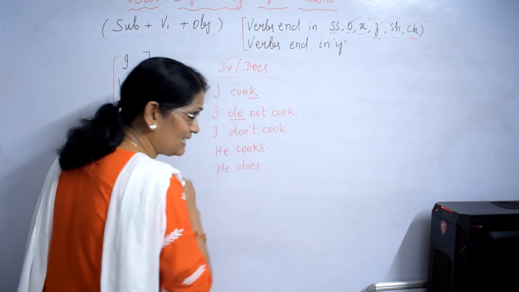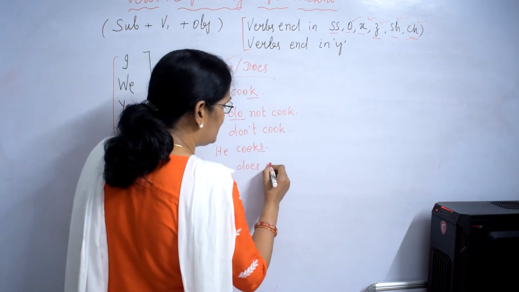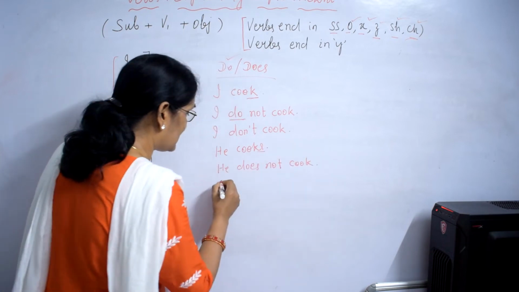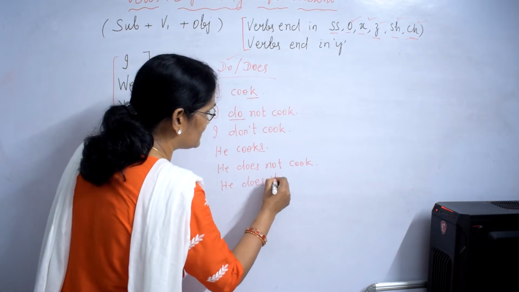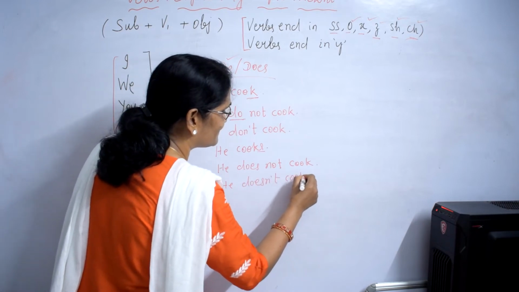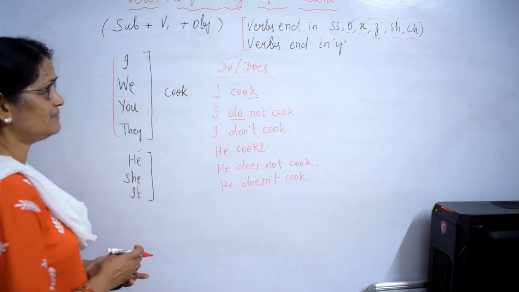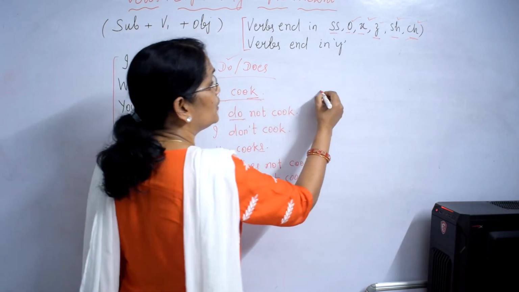As S is added here, you have to write does, not do. In contracted form, he doesn't cook. Right? And in interrogative form, what will it be? I cook. It's interrogative: Do I cook?